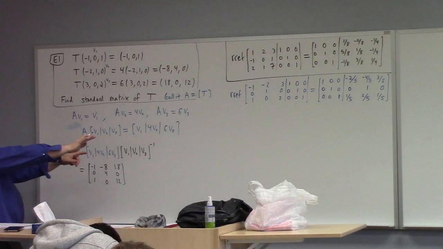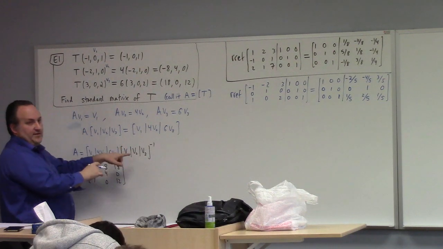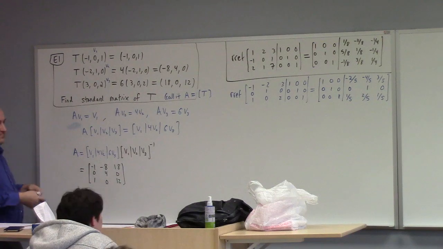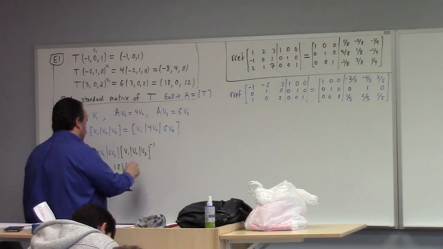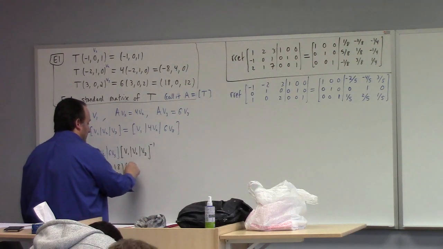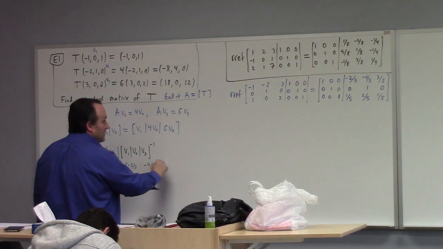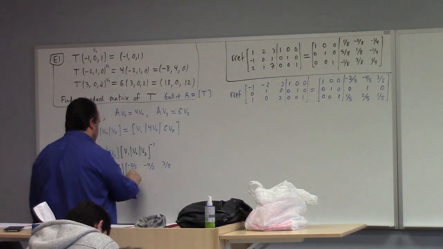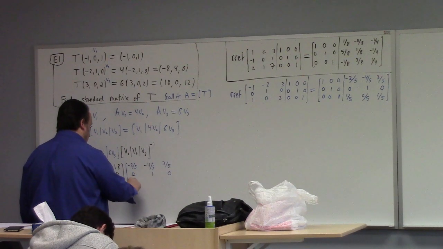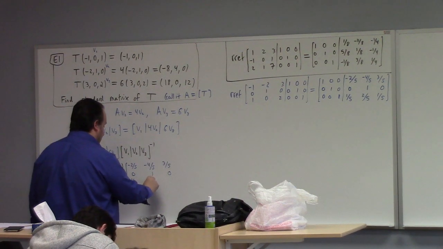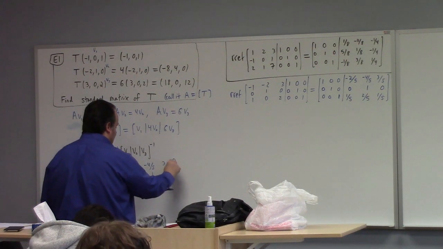That's the inverse we're looking for here, right? So I can put that down: minus 2/5, minus 4/5, 3/5, 0, 1, 0, 1/5, 2/5, 1/5.